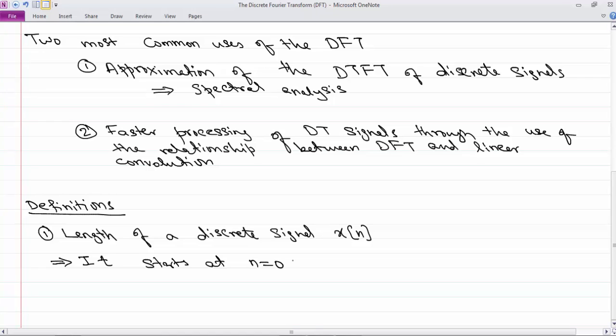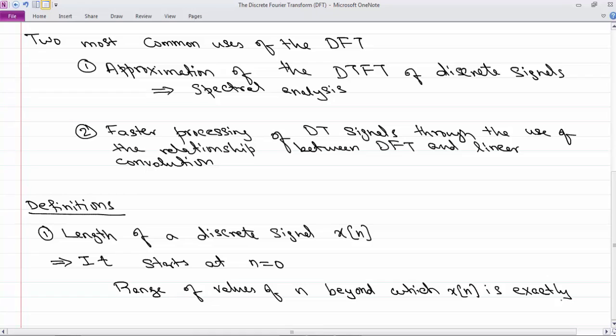Now, if the signal starts at n equal to 0, then the range of values of n beyond which x[n] is exactly 0 is called the length of the signal.